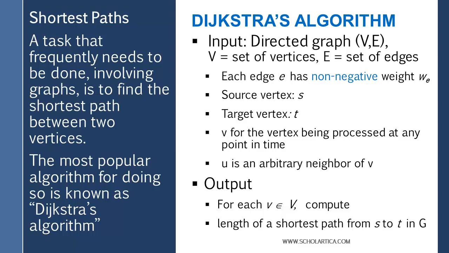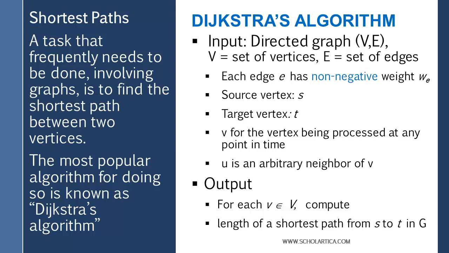We're going to think of the weights of the edges as conveying a sense of distance between vertices along that edge, okay? And paths we'll think of as having lengths, right? The sum of the edge weights along a path will be the length of the path.